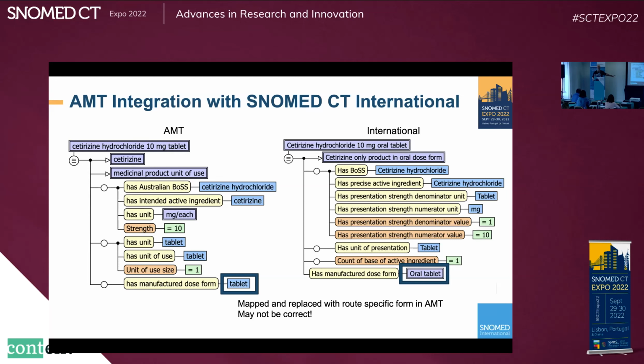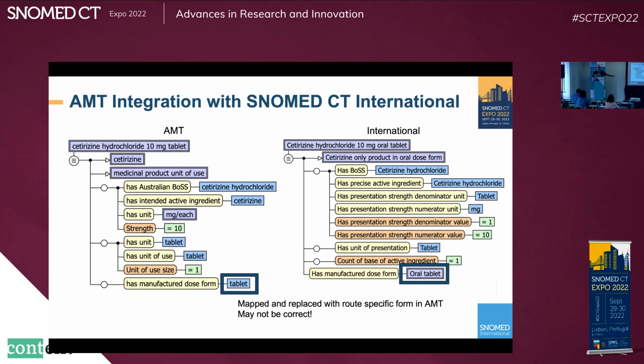This can actually be simplified, and I'll try and show what's happened here. You can remove this idea of the strength denominator unit of capsule and move to saying it's just some type of unit of presentation, which is the parent of all of those things. And that works perfectly fine.